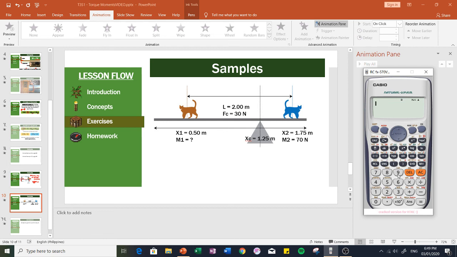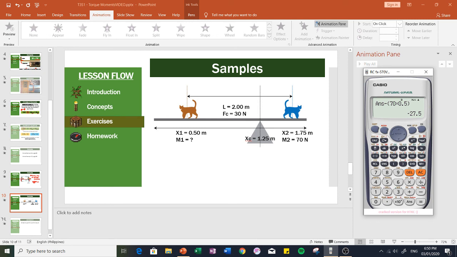What was that again? 30 times 0.25, and you know that there's a negative moment, minus 70 times 0.5, since 1.75 minus 1.25 is 0.5. When we move this to the other side, it will be 27.5.